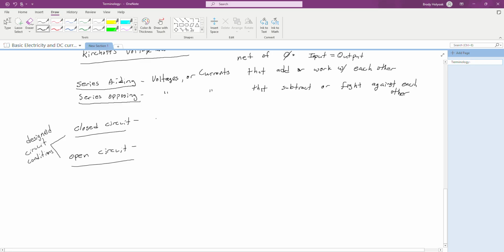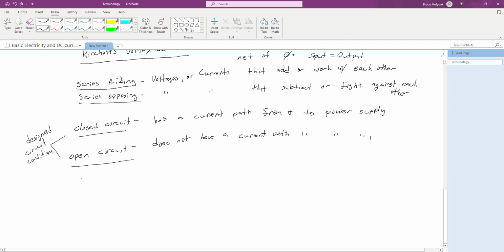A closed circuit has a current path from and to our power supply. An open circuit does not have a current path from power supply to and from. Okay.